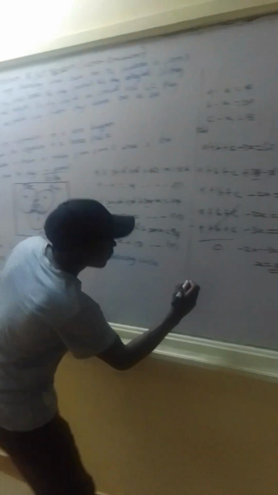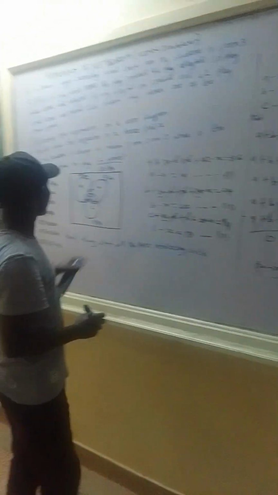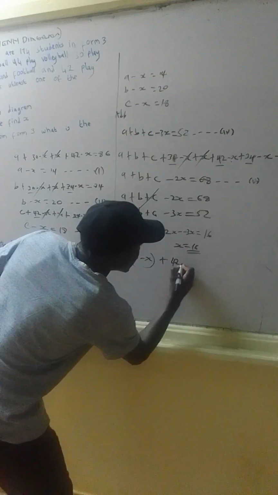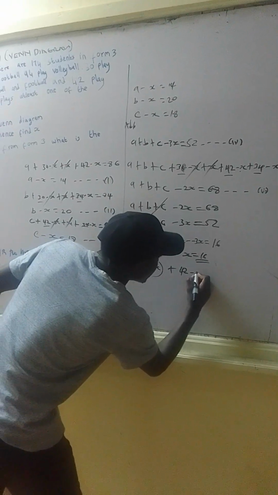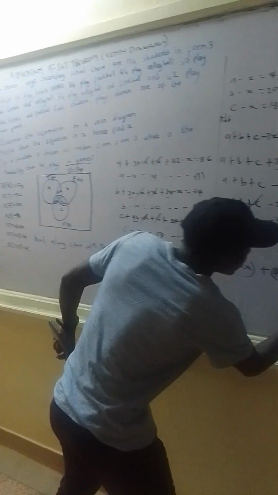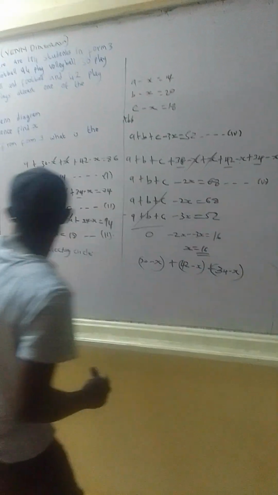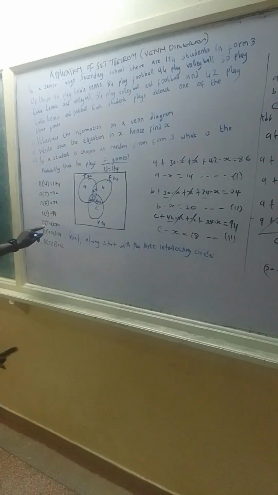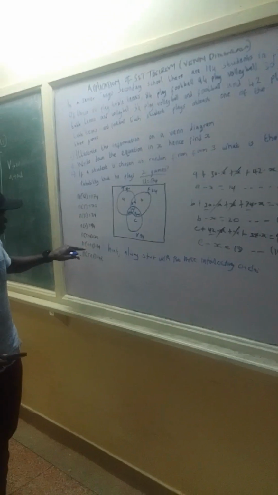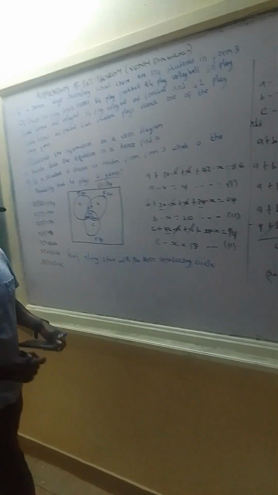So for 2 games we have 30 minus x, then plus 42 minus x, then plus 34 minus x. So you can see it is where we have 2 games, table tennis and football. We have volleyball and football, and we have table tennis and football. So I add this one.